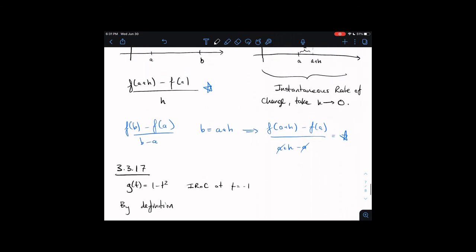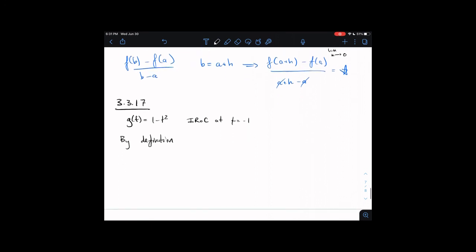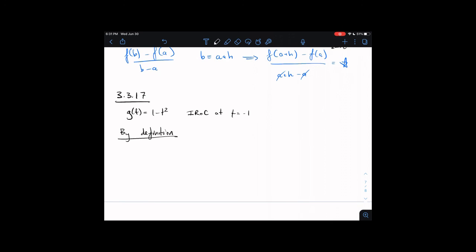So one thing that I forgot to write up here, but the idea is definitely that we're going to be taking a limit, right? Like I said here, this is the limit. This means the limit as h goes to 0. So by definition, we're just gonna go down the line here. So the instantaneous rate of change is the limit as h goes to 0 of g of t plus h minus g of t all over h.